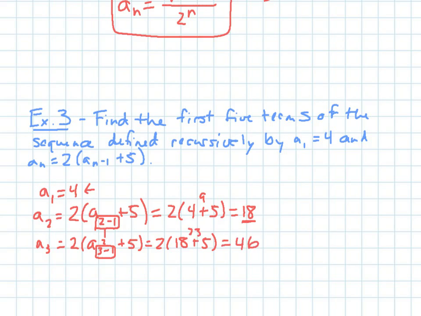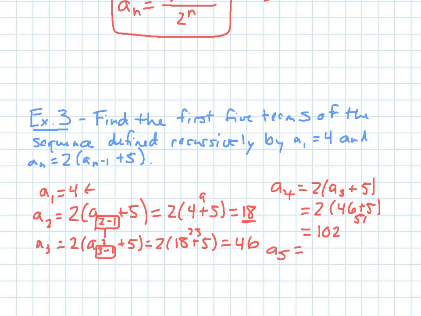So it's basically saying that a sub 4, you're going to have 2 times a sub 3 plus 5. And so a sub 3 was just 46. So that gets you 51 right there. So 2 times 51 is 102.